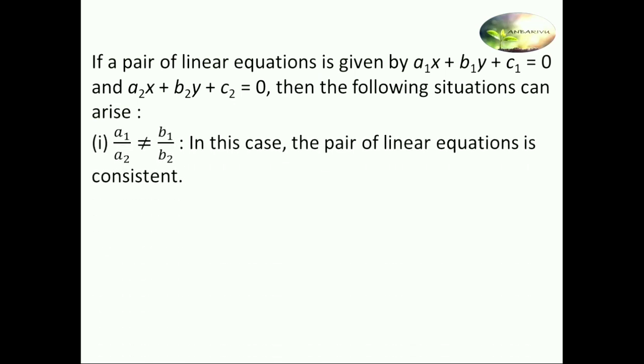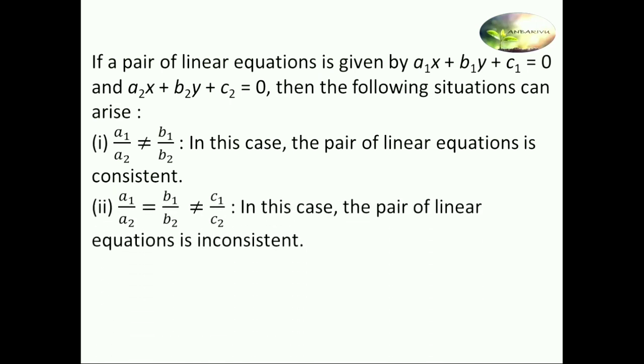First case, a1 by a2 is not equal to b1 by b2. Then the pair of linear equations is consistent. What is consistent? Consistent means it should have at least one solution.